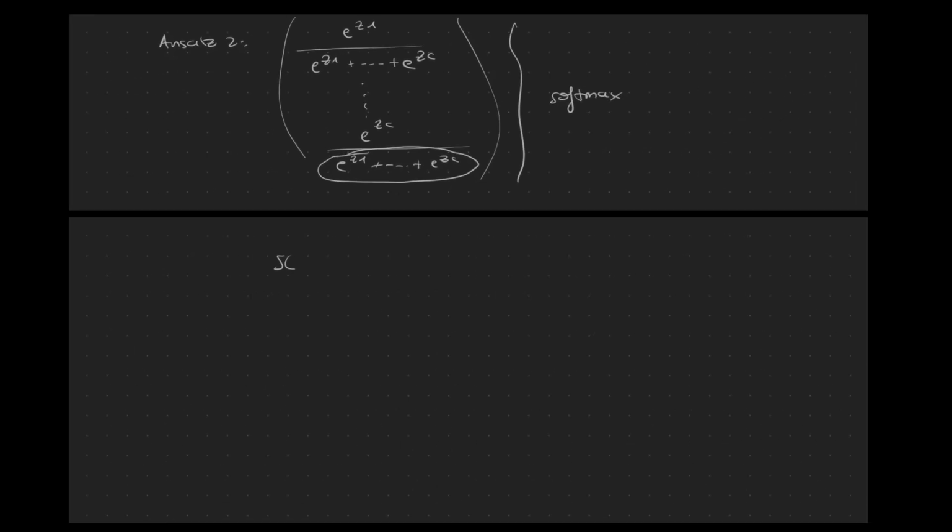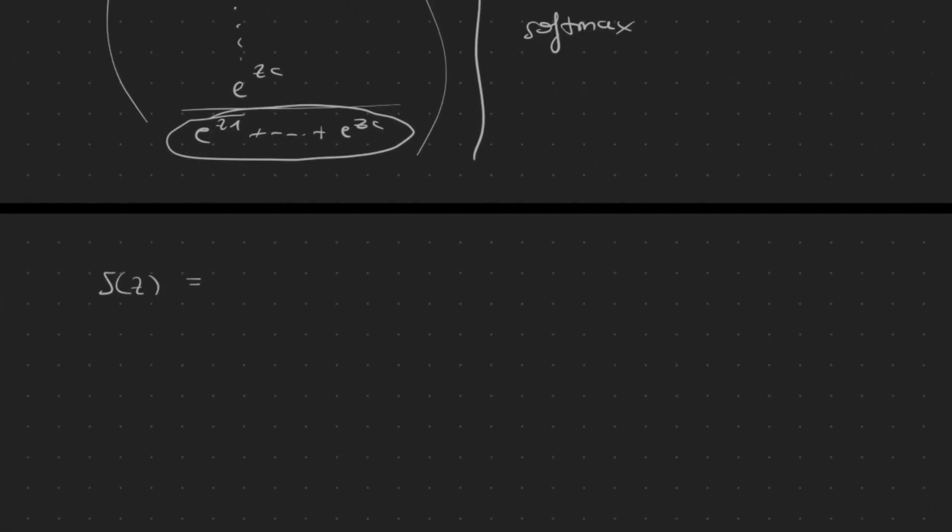And we can write this as S of z with an index i, which is equal to the exponential to the power of z transposed times wi.